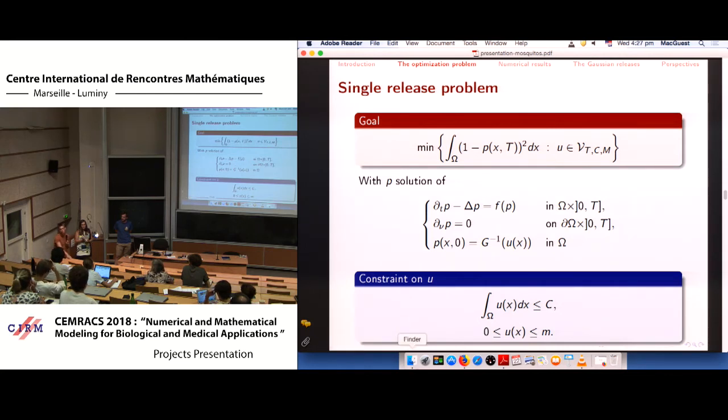This is the same. Yeah, this is fine, and this is two generations of mosquitoes, but I think that the domain is too small. It's only 1 hectare.